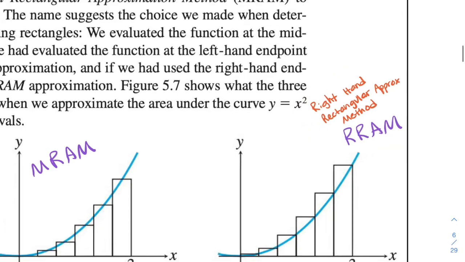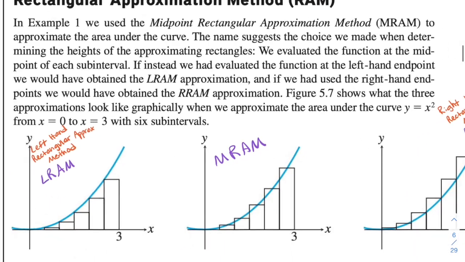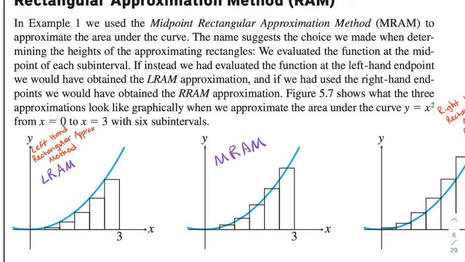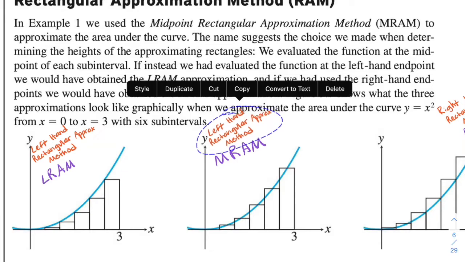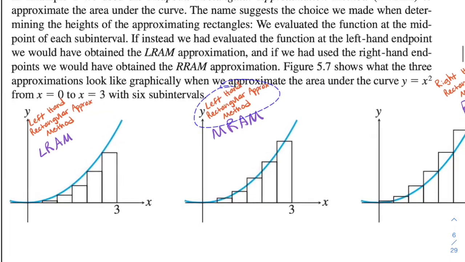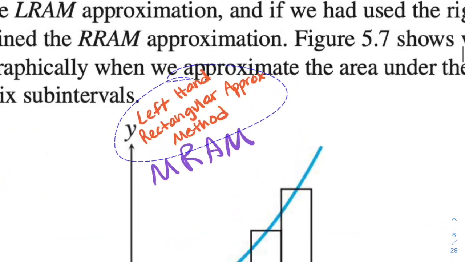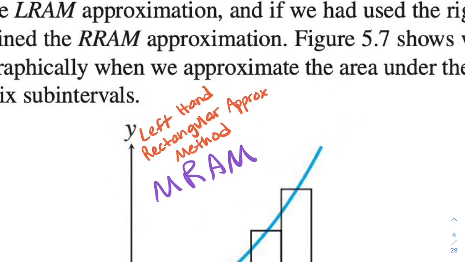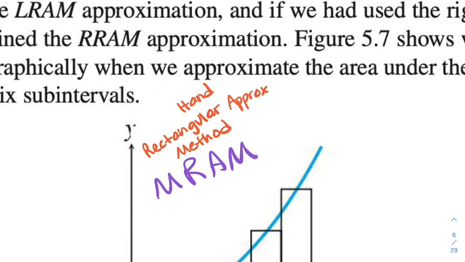And the last one is what we call MRAM, which is called the middle or midpoint. I'm not sure what the textbook refers to it as. Oh, midpoint. They call it the midpoint. I've also heard it used as the middle, but we're going to say midpoint rectangular approximation method.